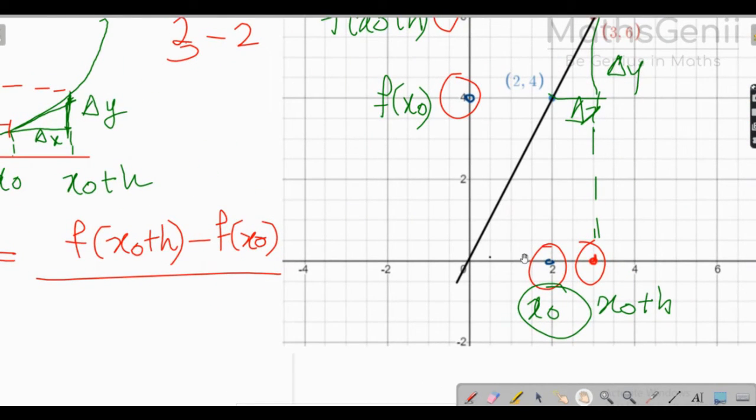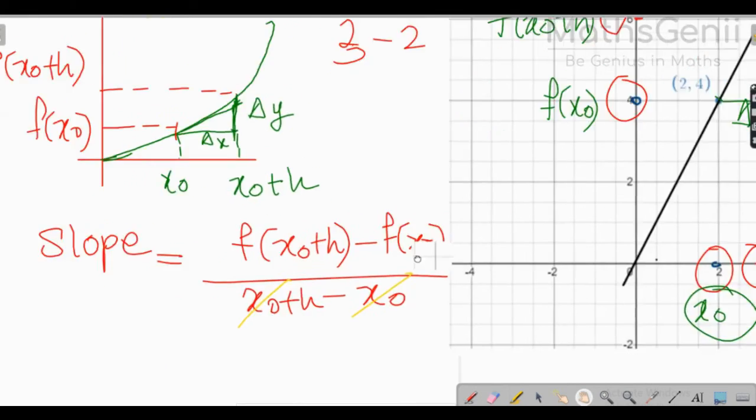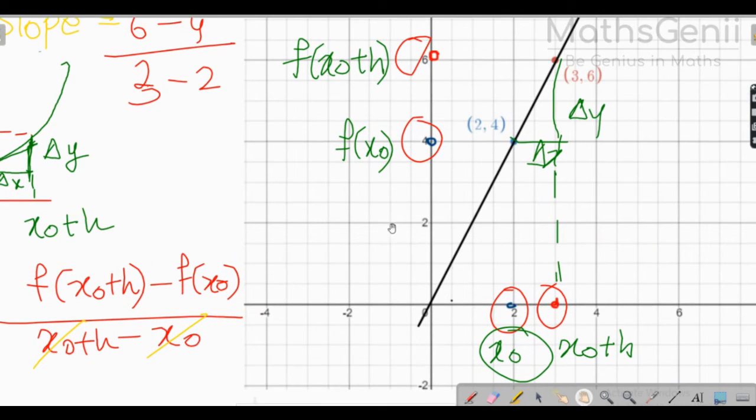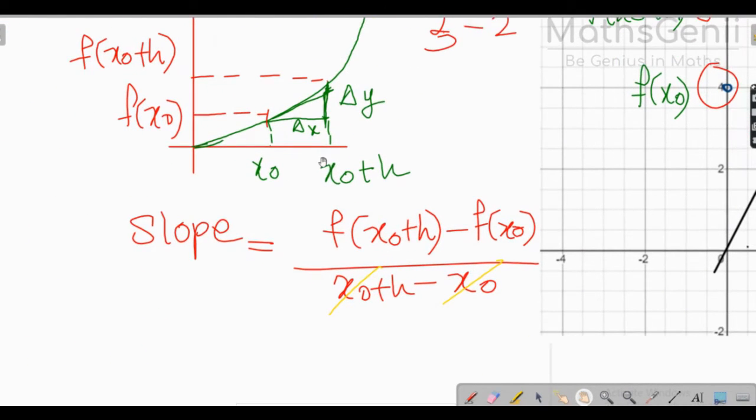So x naught plus h minus x naught. So it's very clear that x naught gets cancelled and this is your slope. That is why it was important for me to first explain how a line works and then using that how a curve works.